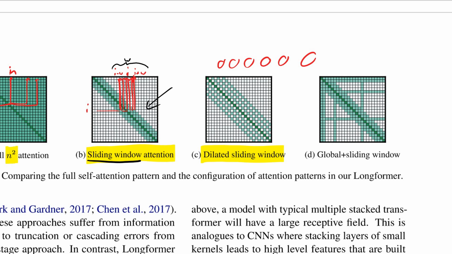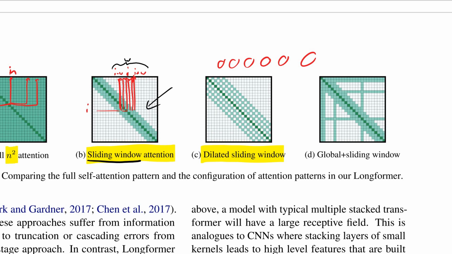So this unit right here, it will be able to attend this and this, but not this and not this. But it will also be able to attend this and this, but not this and not this. Sorry, not this. So it'll skip one. So right, these attention patterns, they will always kind of skip one.